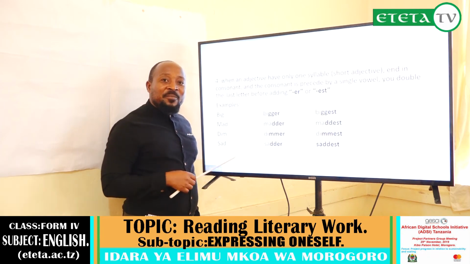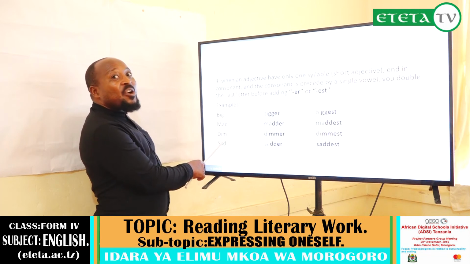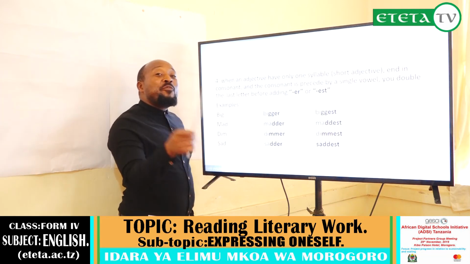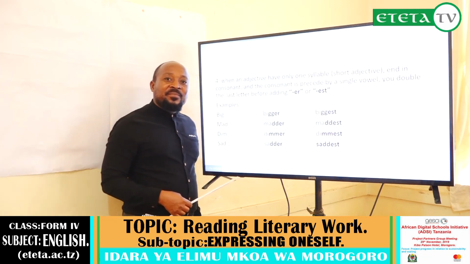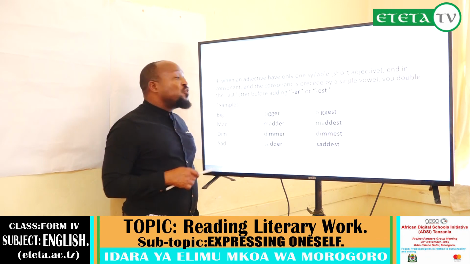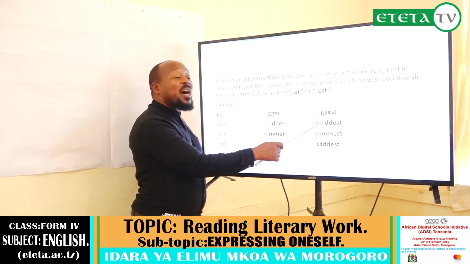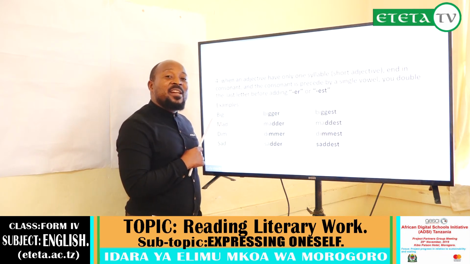Now, what have you noticed? To make these words comparative, before you put ER, you will have to double the last letter. That's what you see here. To make them superlative, you will have to double the last letter of the positive degree.